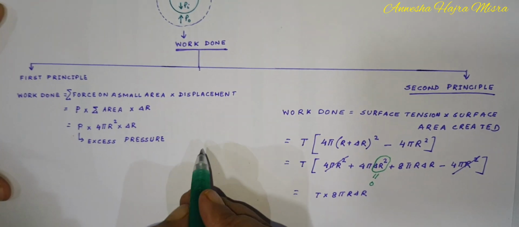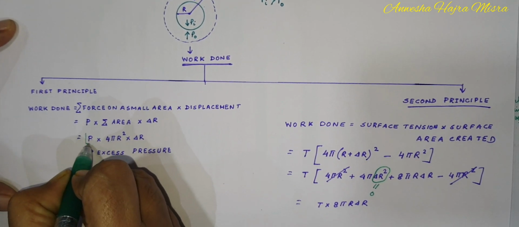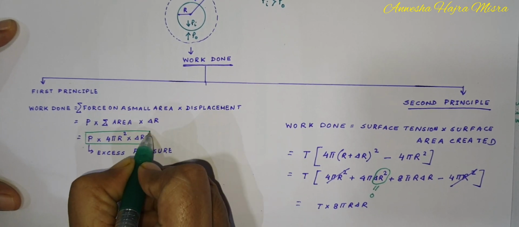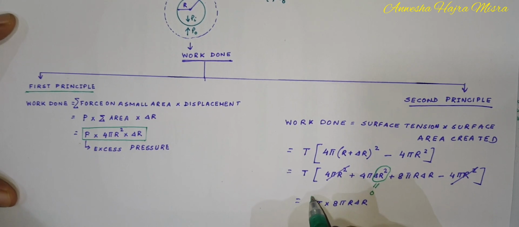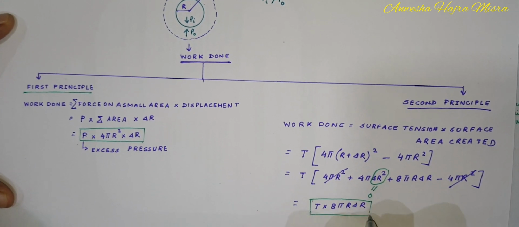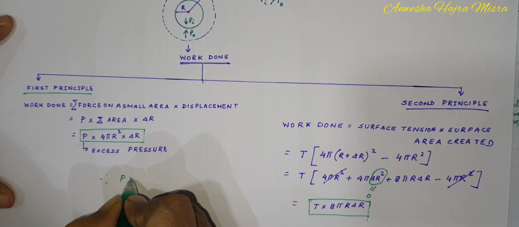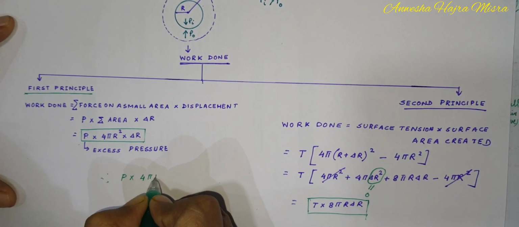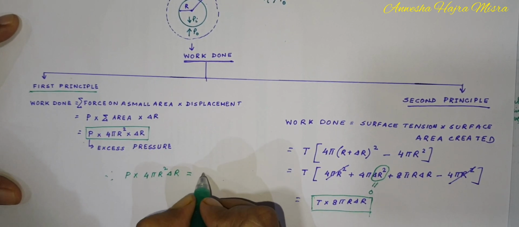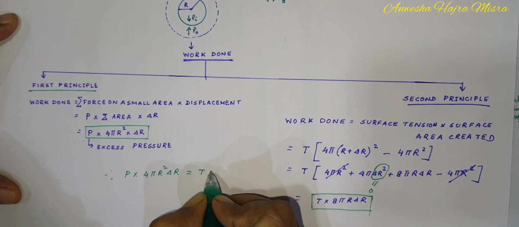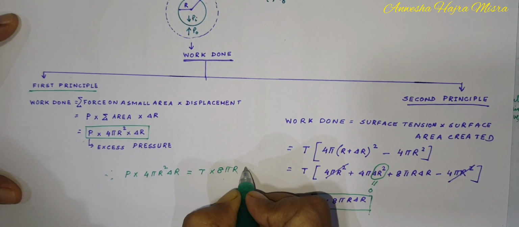Now both are work done, so we are going to equate the two work done. From the first principle, this is my work done, and from the second principle, this is my work done. So what can we say? P, the excess pressure, into 4 pi r square delta r is equal to surface tension into 8 pi r delta r.